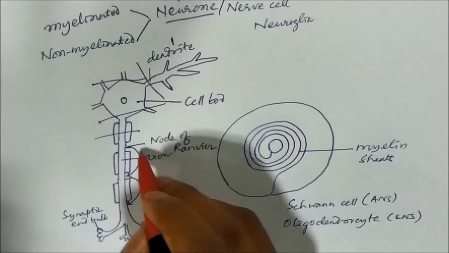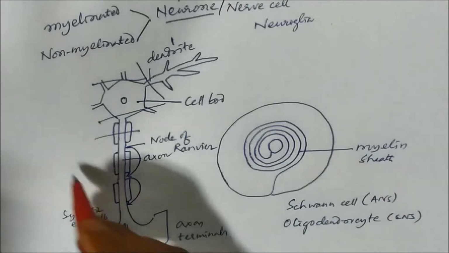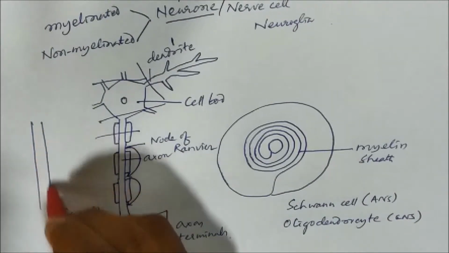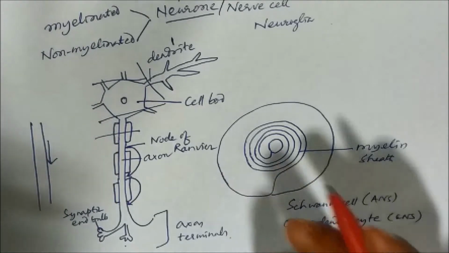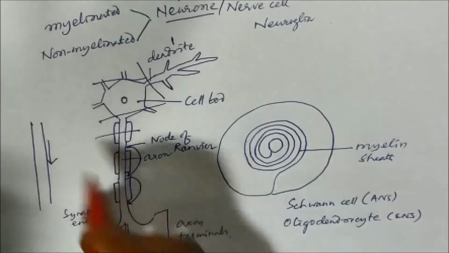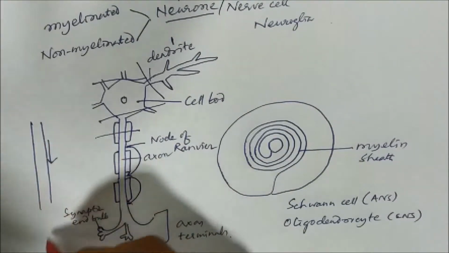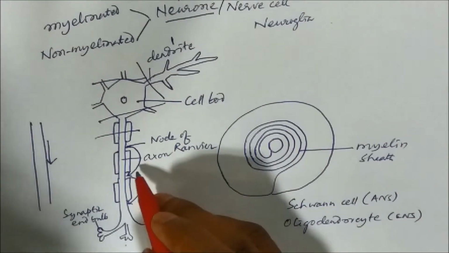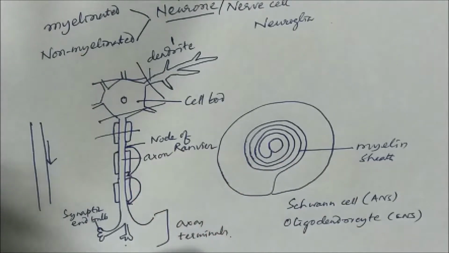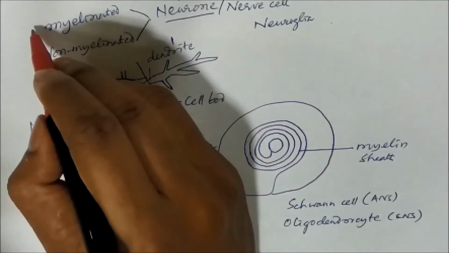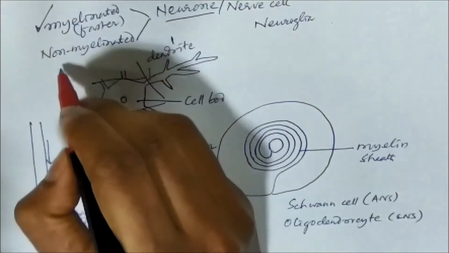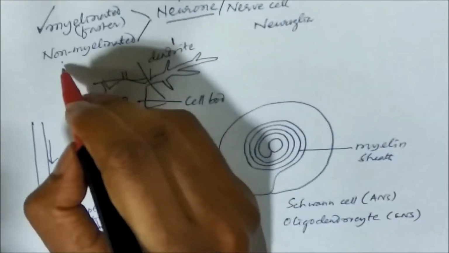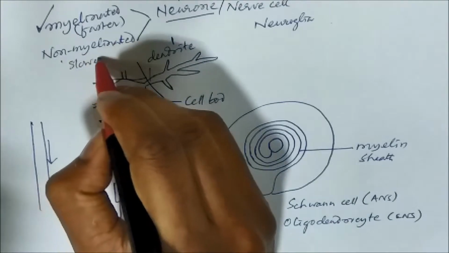Whereas in non-myelinated cases, the impulse, we can say, walks along the axon, whereas in this case it jumps. So impulse conduction is faster in myelinated and slower in non-myelinated, okay?